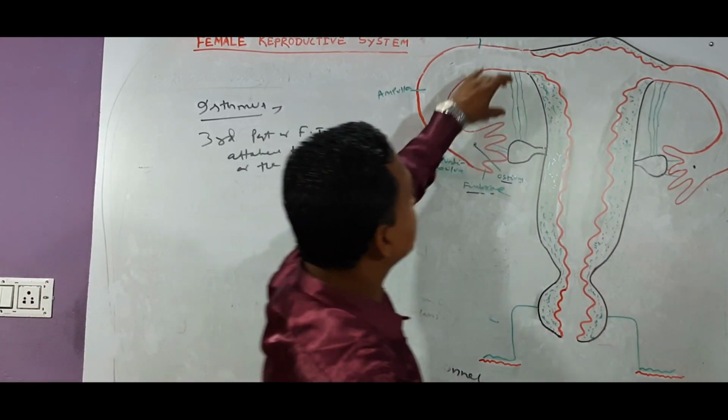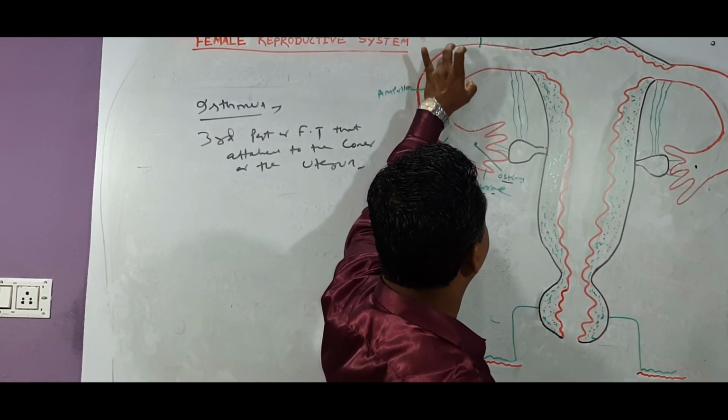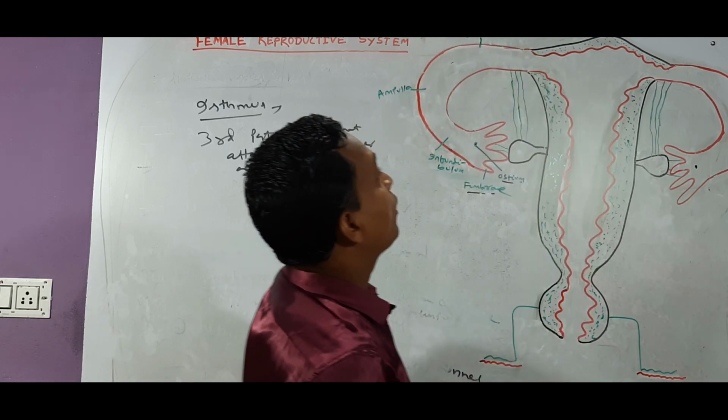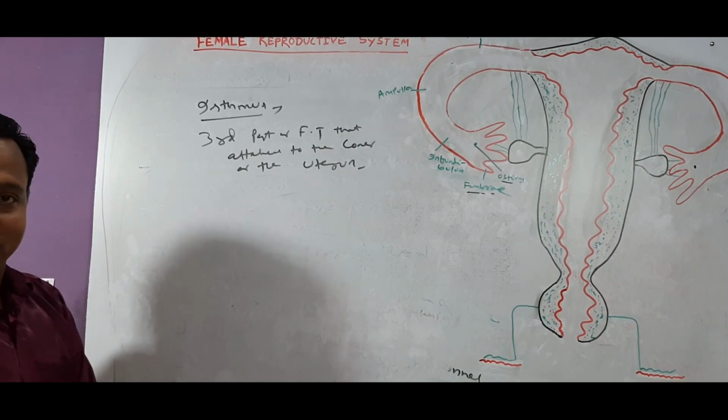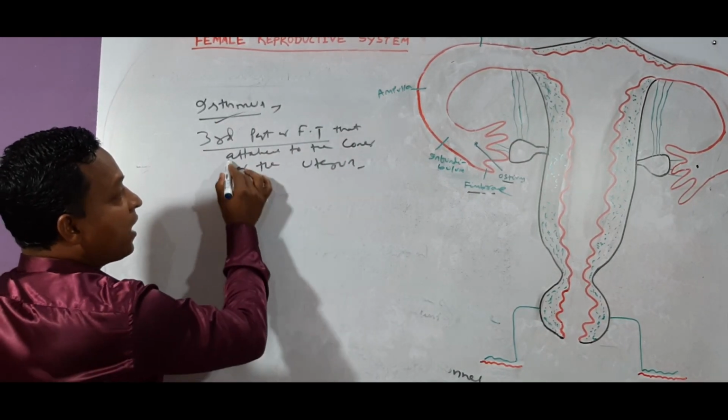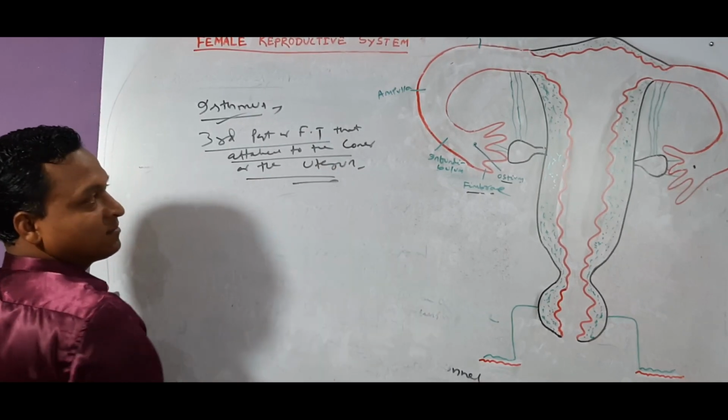The isthmus part of the fallopian tube opens to the cavity of the uterus.